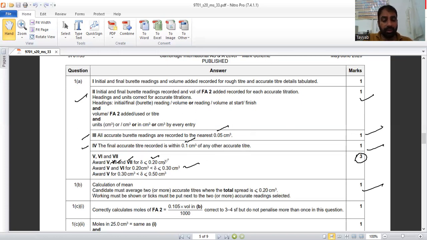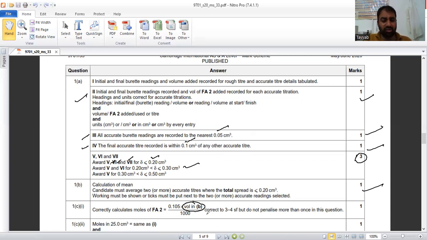Now comes the calculation of mean volumes. I will show you these mean volumes. When you get the mean volumes, dear students, here you see in the answer it is written the volume which you have taken.